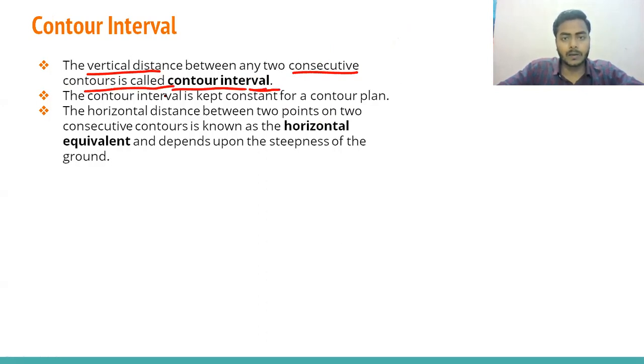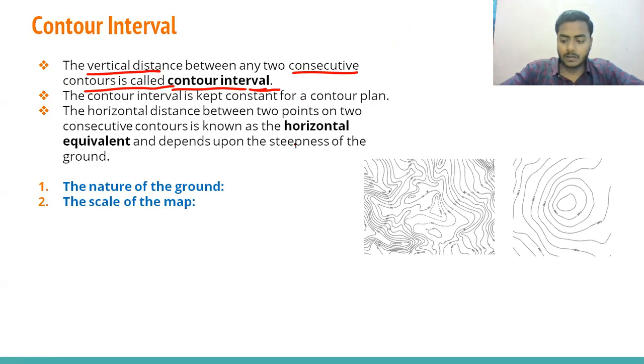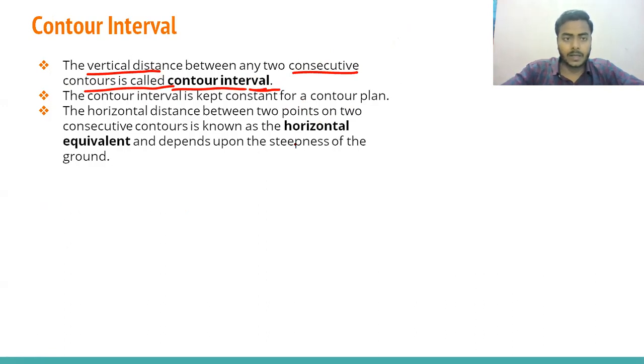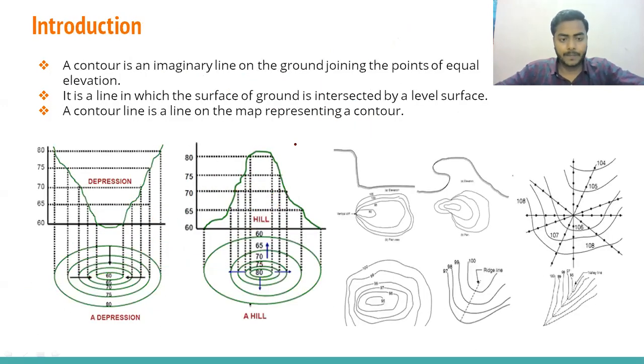We have seen in the figure, here, this one contour line and two consecutive contour lines. The vertical distance between these two consecutive contour lines is called the contour interval.